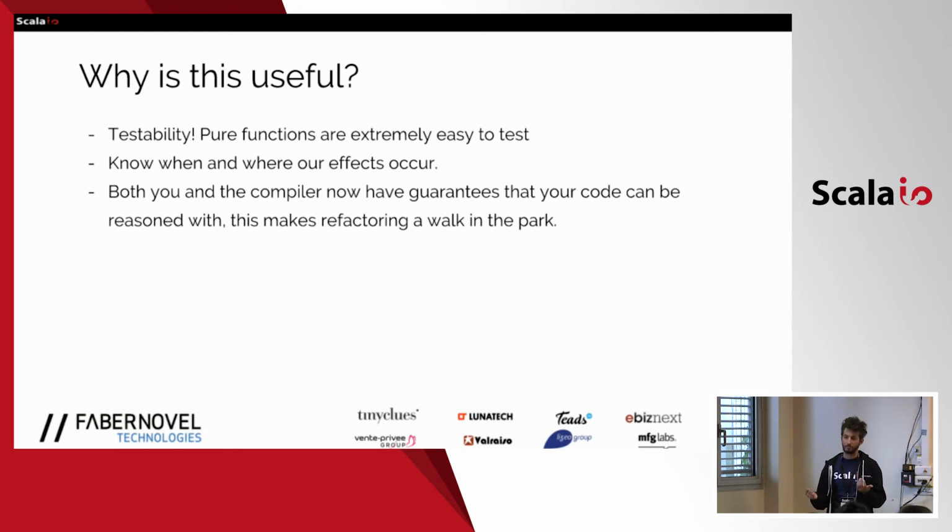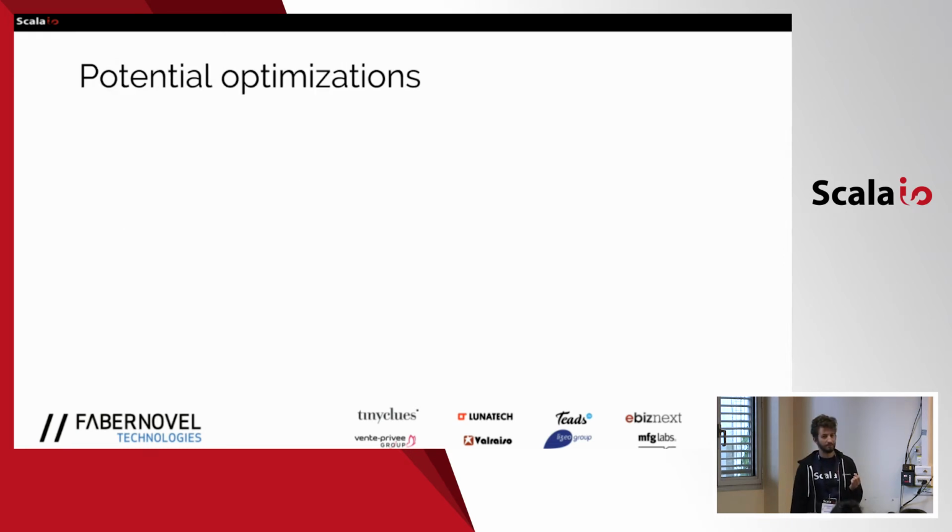If you can say that the order of execution doesn't matter because we don't have any side effects anywhere, then we can just refactor anything out and in. And like I said, with swapping out values for their definition, this can be very, very simple. And I'm going to talk about a lot of these potential optimizations next.